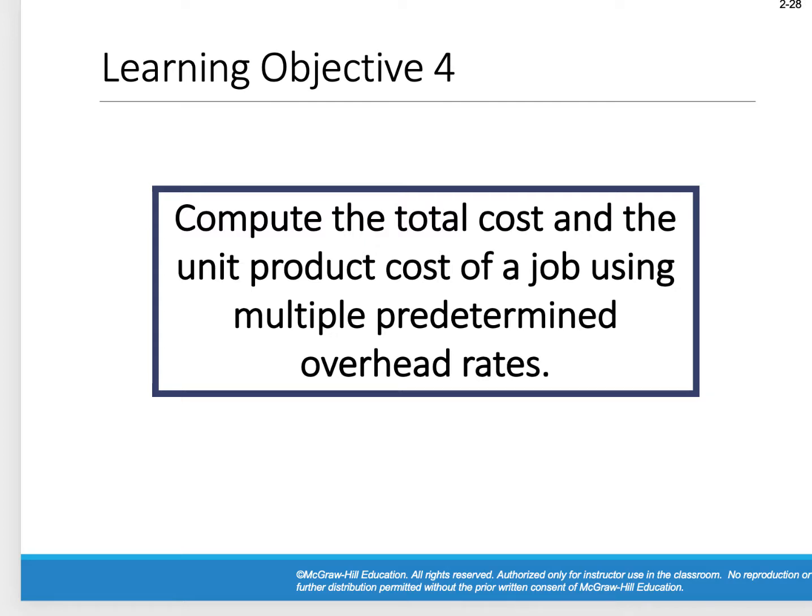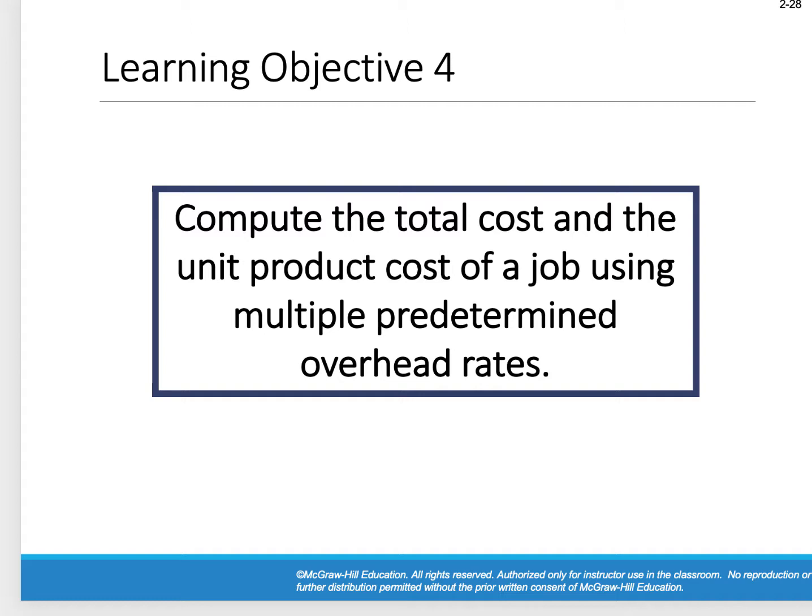Hello and welcome back to our final Camtasia lecture video dealing with Chapter 2, which is job order costing, calculating unit product costs. Now, up to this point, we have learned everything we need to look at multiple predetermined overhead rates.